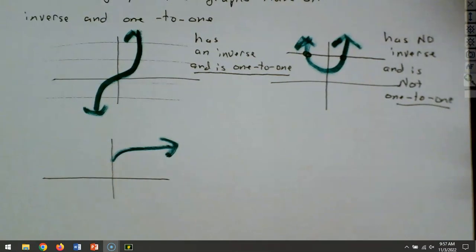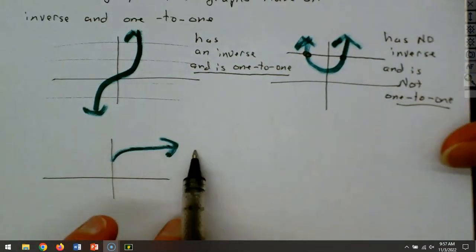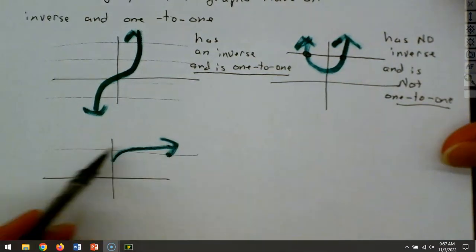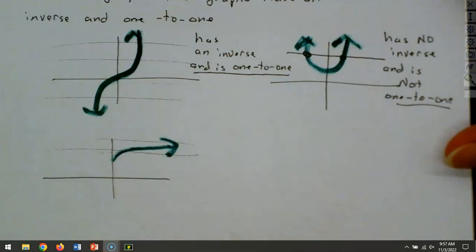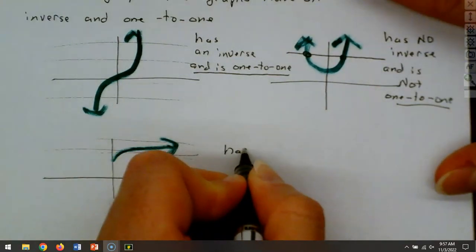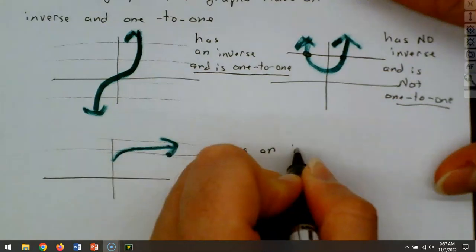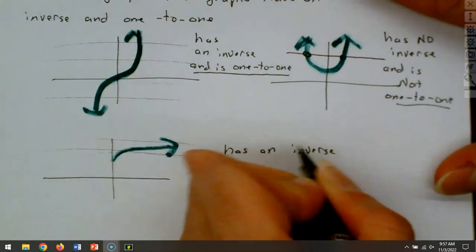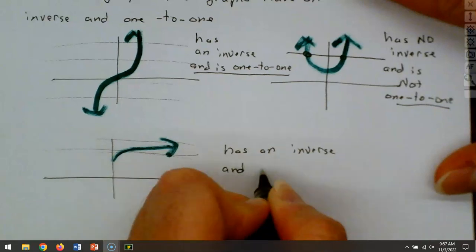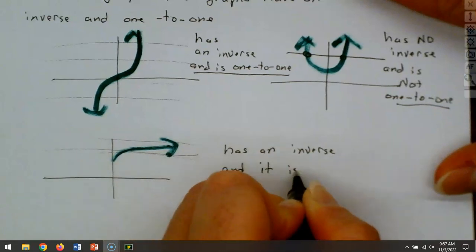Does this one have an inverse? It does, doesn't it? Right? Because if I draw horizontal lines, does any horizontal line touch the graph at more than one place? No. Okay, so this one down here has an inverse, and it is one-to-one.